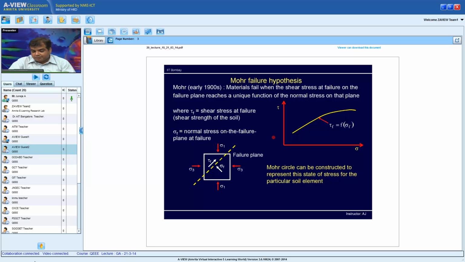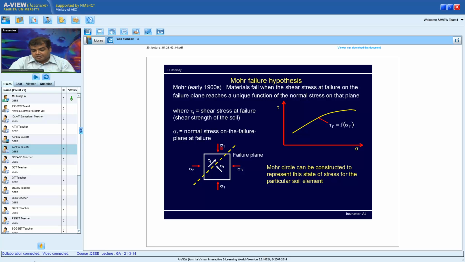So if we want to look at the same thing in terms of the element, this is the same element. This time it's drawn in a squarish manner, where vertical stress is sigma 1 and horizontal stress is sigma 3. So vertical stress undoubtedly in this scenario is shown to be greater than sigma 3. If we have a relation between sigma 1 and sigma 3 on any plane, for example this plane which is shown by the broken line, you will have normal stress sigma and shear stress tau developed.